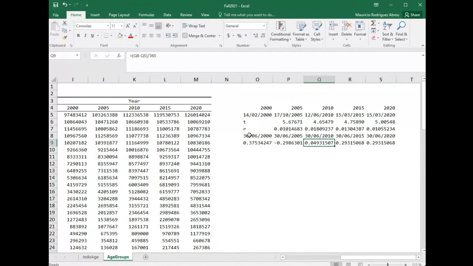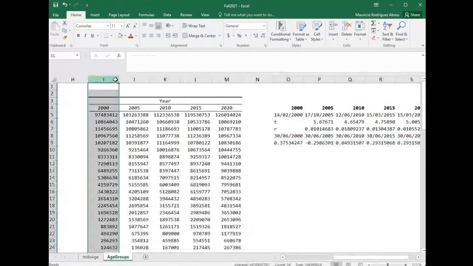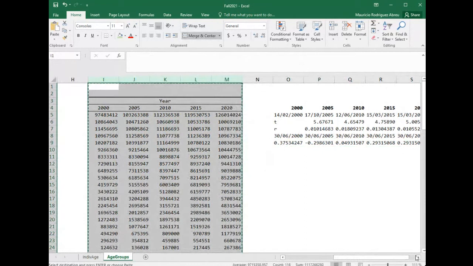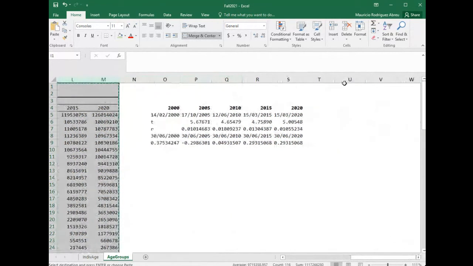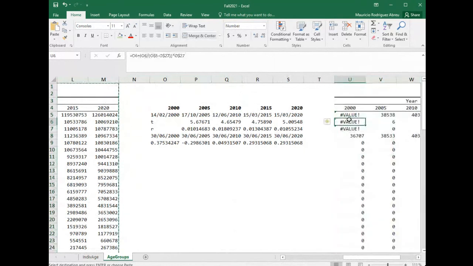So what I did here right now in these cells, again, I just got the official dates for each census, or the official date that we have for the information. Then I just got the time between 2000 and 2005, between the census and the count. Then I estimate the exponential growth rates. And using June 13 of each year, I estimate the time that I need to use to move my population in order to get mid-year population. So now what I'm going to do is essentially move these age groups in order to have my mid-year population.